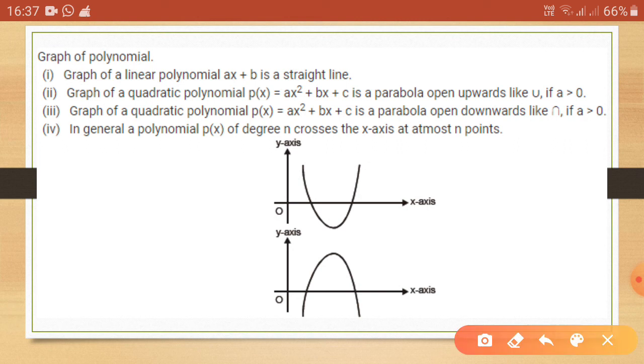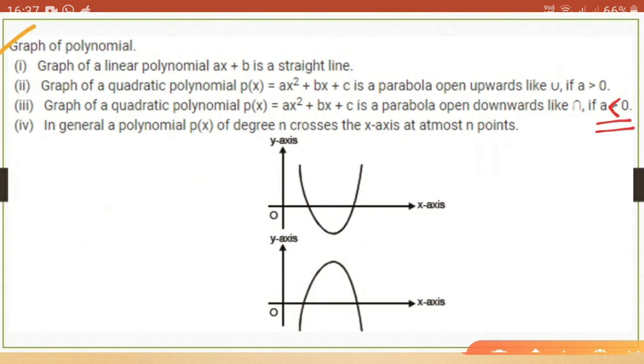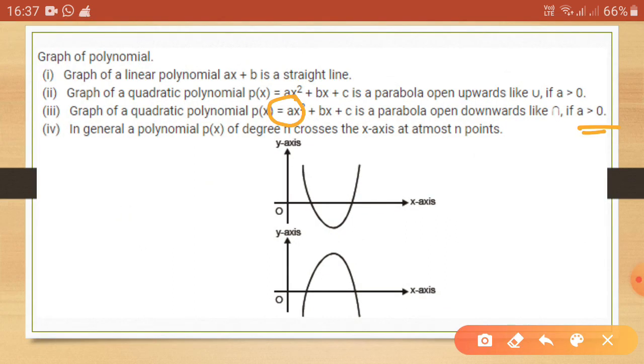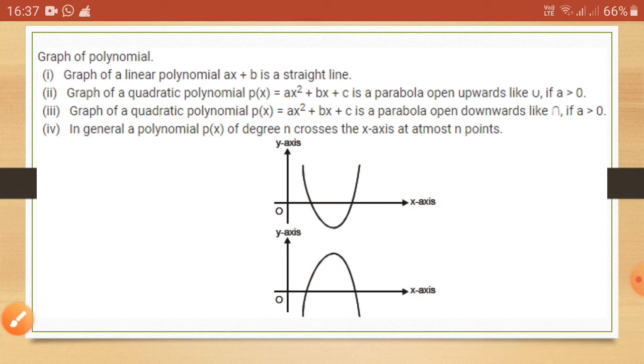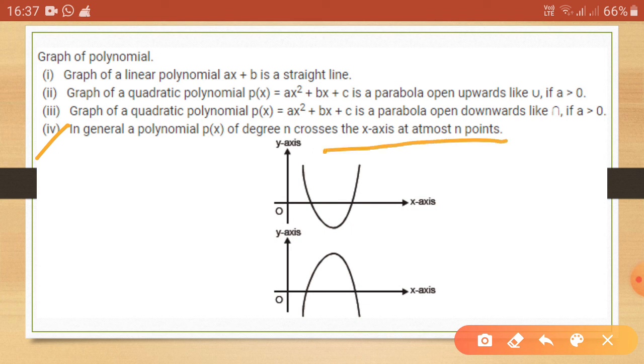And if the coefficient of x square, that means a, is less than 0, then the graph will be a parabola opening downwards like this graph. And the last one is, in general, a polynomial p(x) of degree n crosses the x-axis at most n points. Because the degree is n, it will cross the x-axis at most n points.